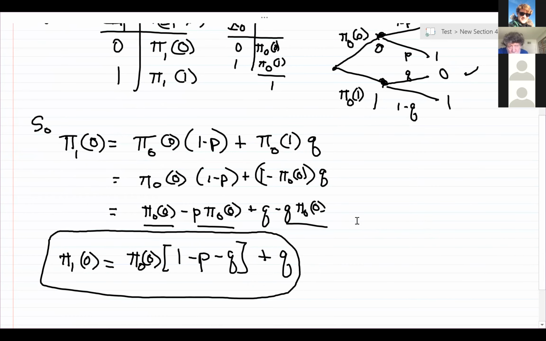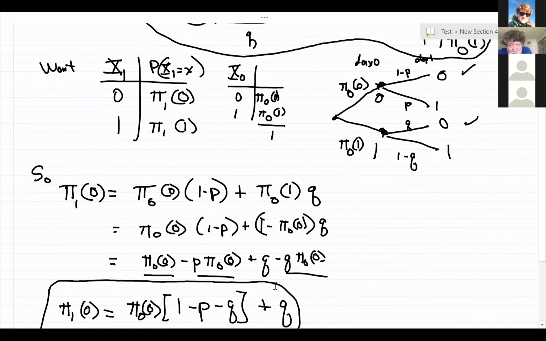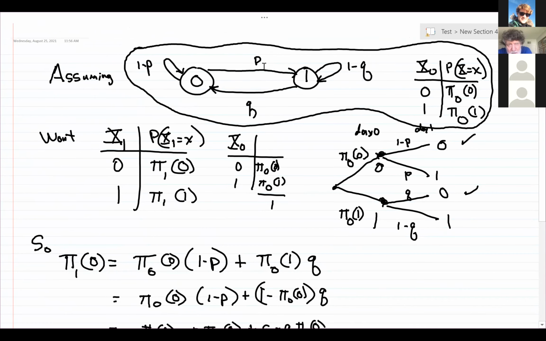Which means if we wanted to put in the numbers from what we had in class, we should get the same answer, right? So what we did in class, just to reinforce this, P was what? 0.75, I believe.